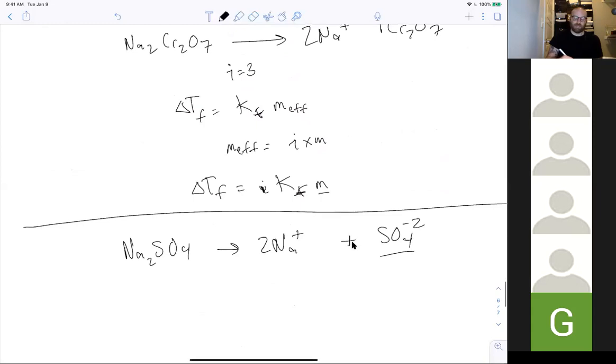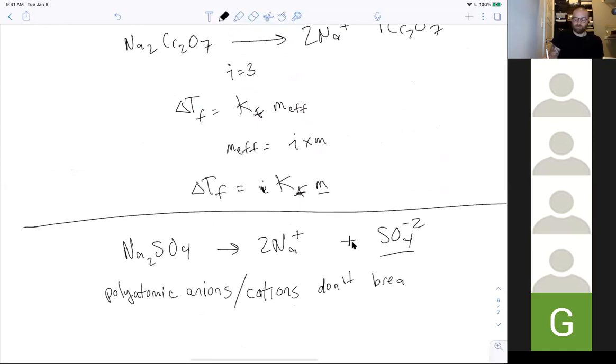There's a list of polyatomic anions, and cations, mostly anions, that don't break up in solution. So just go find one of those lists, and that'll tell you why.